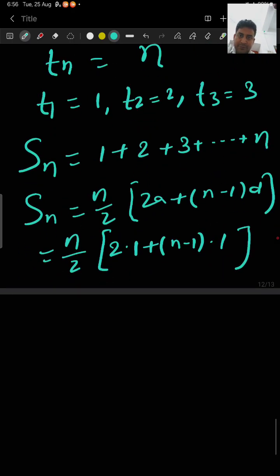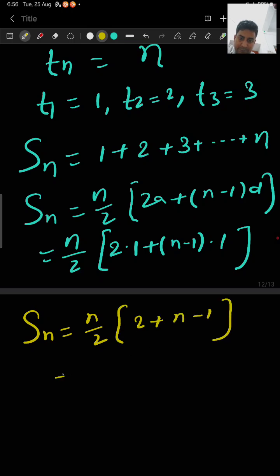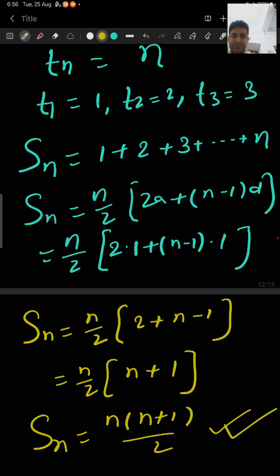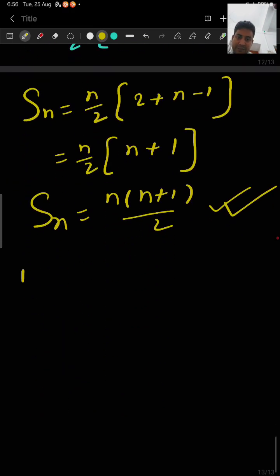Then Sn equal to n by 2, 2 plus n minus 1. This will be n plus 2 minus 1 is 1, plus 1. Then Sn equal to n into n plus 1 by 2. This is the sum of natural numbers.